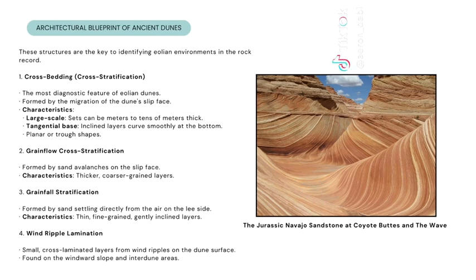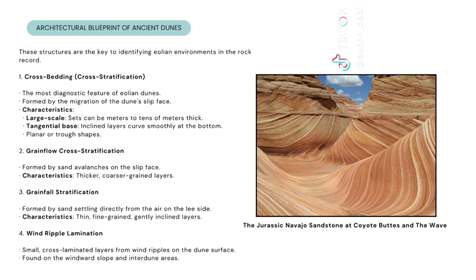Another structure is grain flow cross stratification, which happens when sand avalanches down the slip face, creating thicker layers with coarser grains. Grain fall stratification forms when wind drops fine sand onto the slope face, producing thin, gently inclined layers.